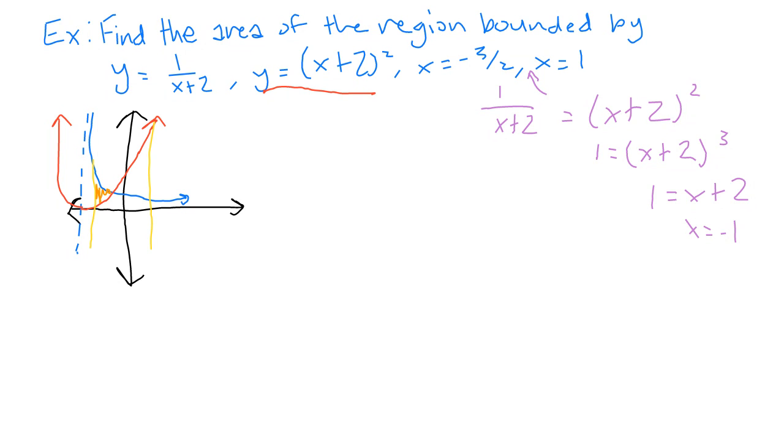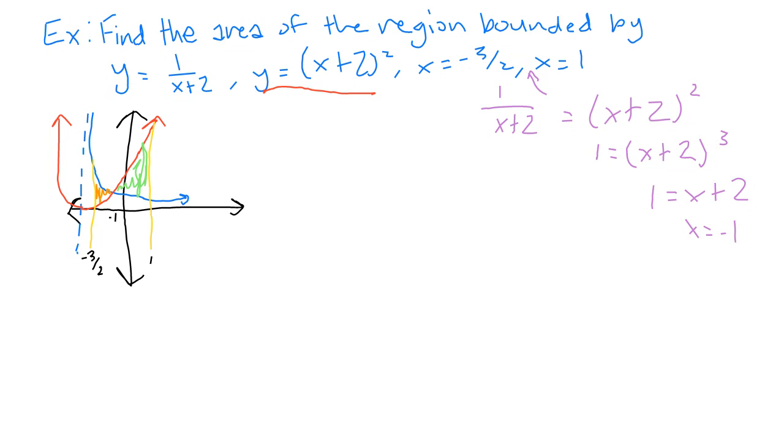This piece right here and this piece right here. So what we're going to do first is split this up into two integrals. One from negative 3/2 to negative 1, and then one from negative 1 to 1.